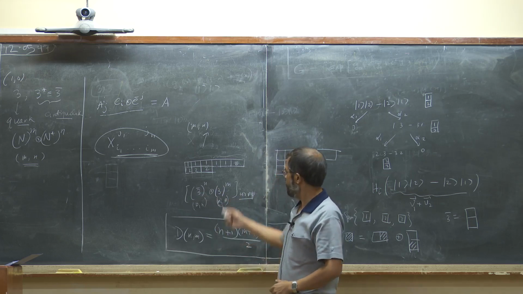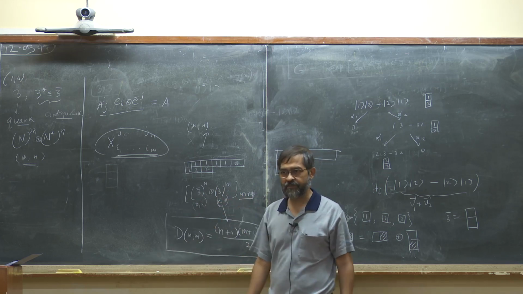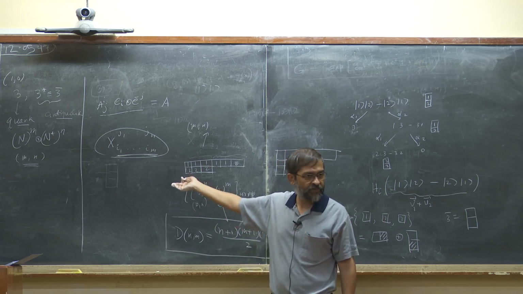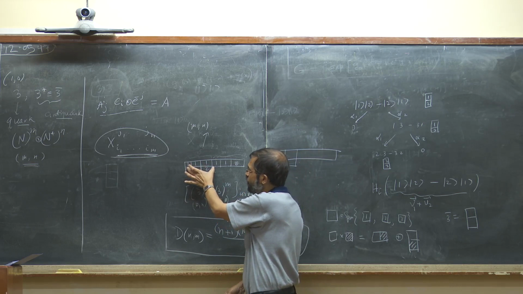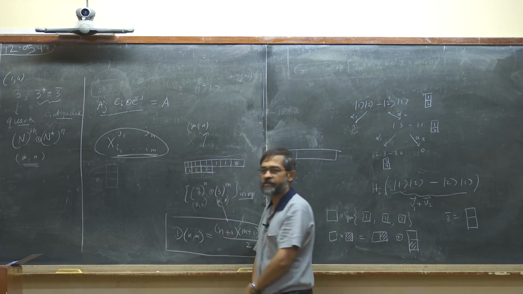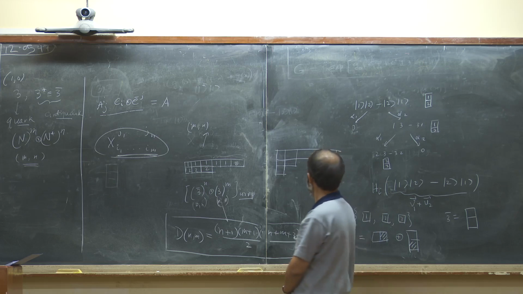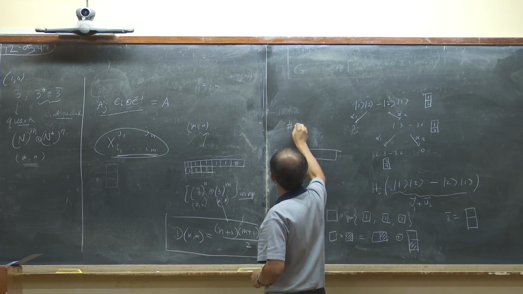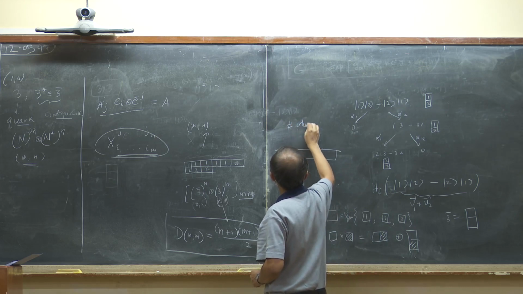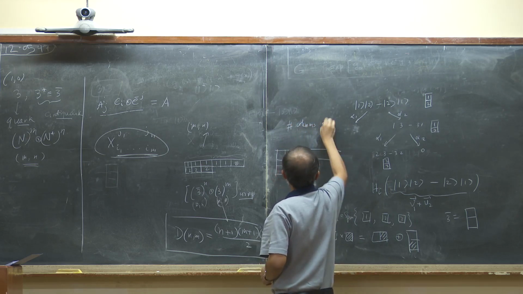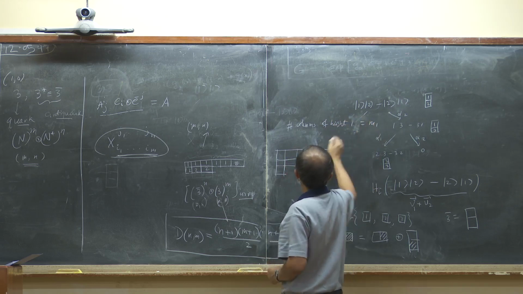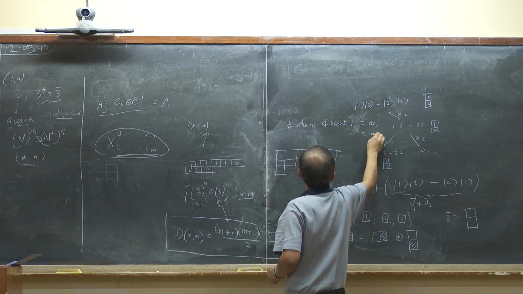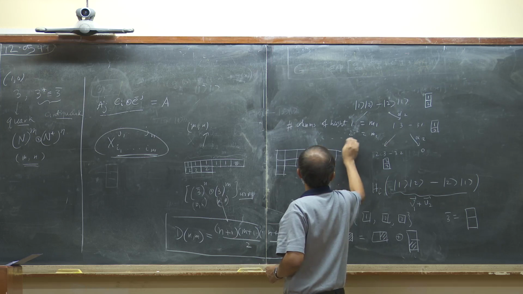Some number of 3s and some number of 3 bars. More or less we are getting towards the proof of that also. So therefore the height can be 2, and some columns of height 2 and some columns of height 1. So more generally, the number of columns of height 1, let us say that is m1, height 2 that is m2, and height 3 whatever, m3, dot dot dot.